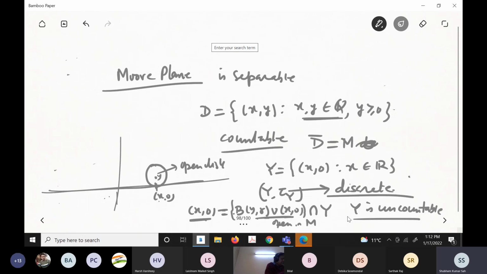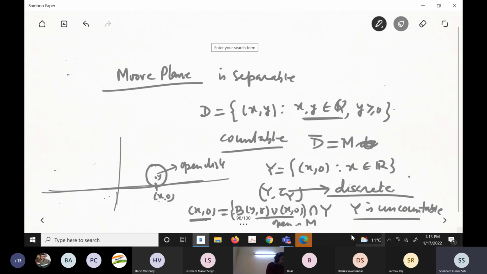Okay, right? So you can check this is not an open subspace of that. It can't be open because, look what happens: if it is open, then its complement has to be closed, and the complement is not closed.